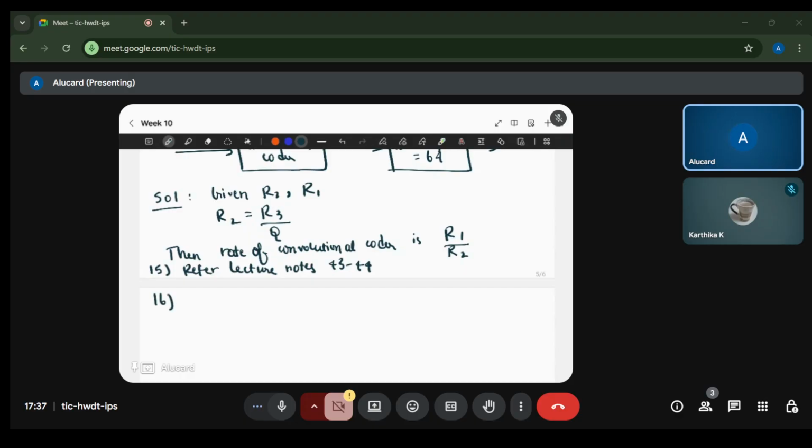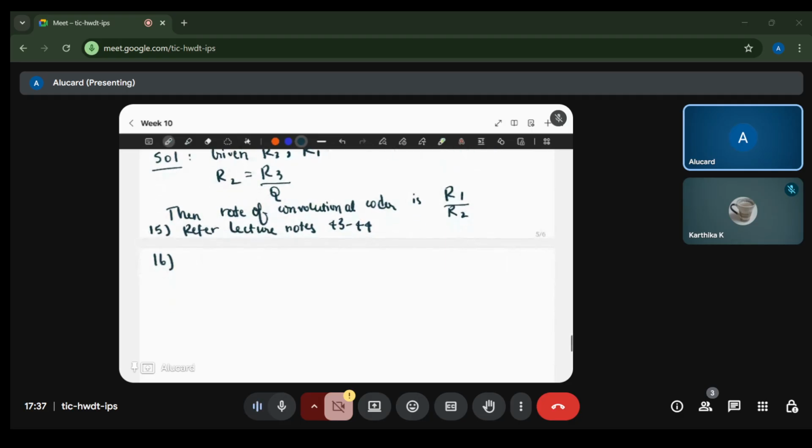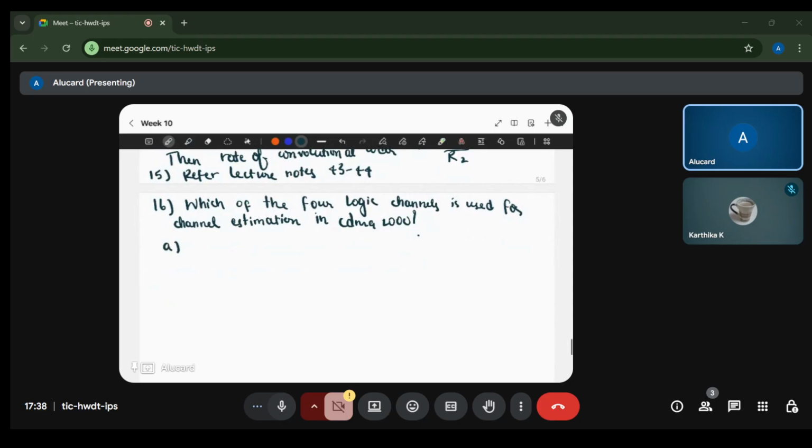Then, which of the four logical channels is used for channel estimation in CDMA 2000: pilot, sync, paging, and traffic?